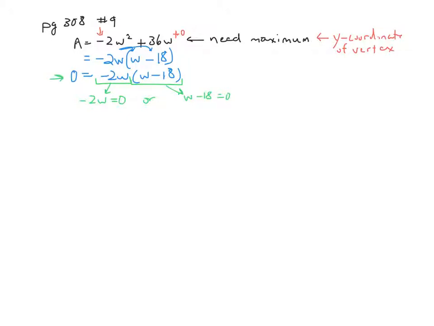So what we're doing is we're solving for the values of the width that would give an area of 0. So I'm going to solve by dividing both sides here by negative 2 on this one, and I get w being equal to 0. And that should make sense because in a rectangle, if I had a width of 0, and I'm multiplying it by another number, 0 times some other number will still equal 0. And if I have no width, how can I even have a rectangle?